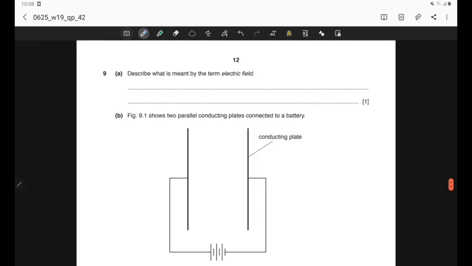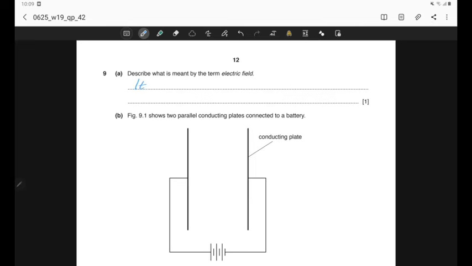Question number 9. It's from the chapter electric field. Part A, describe what is meant by the term electric field. So it's a very important question. A frequently asked definition you must study. So field means region or space.